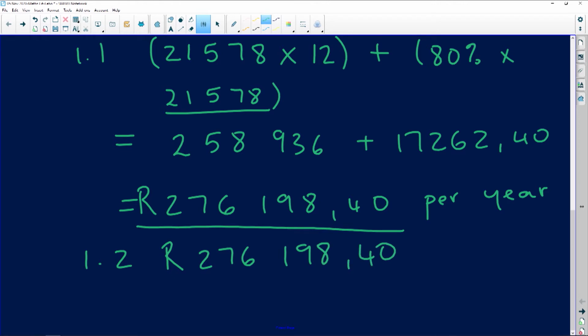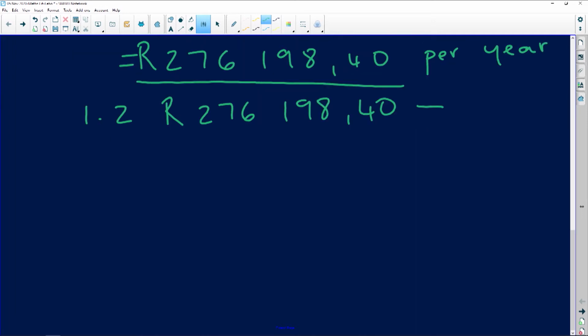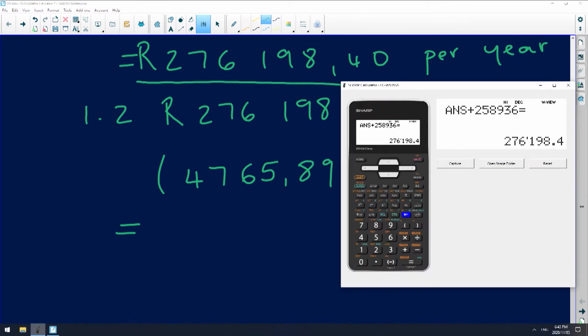And we're going to subtract the medical aid money. What is the medical aid money that this person is paying? They're paying 4,765.89 for 12 months. Okay, so it decreases the amount of money this person is going to be paying tax on. So let's go and put that in.